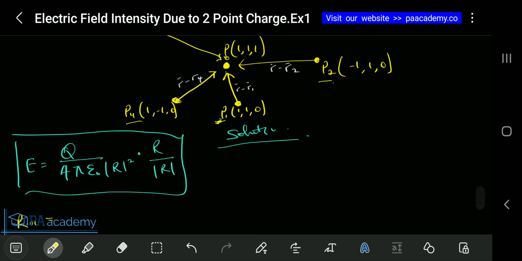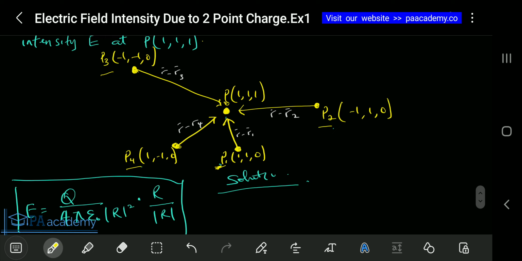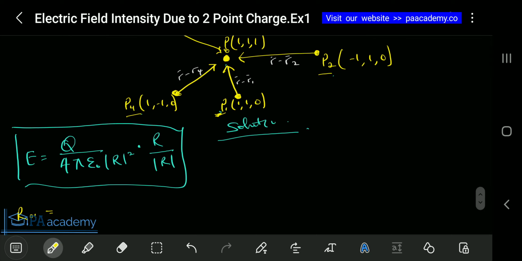Just the same way we are looking at superposition of Coulomb's law, we are going to subtract all the charges from P naught, which is the one they are all acting on, for us to get the unit vector of each of them.